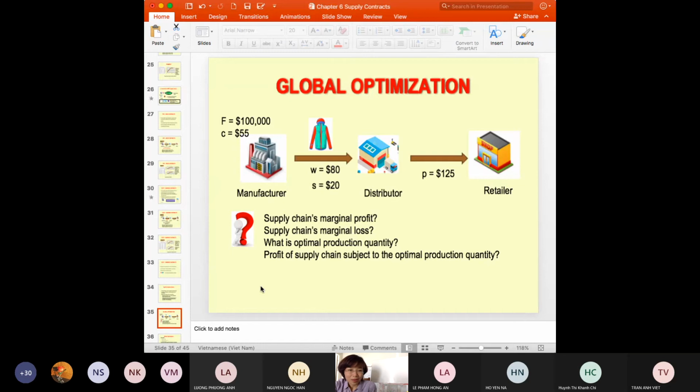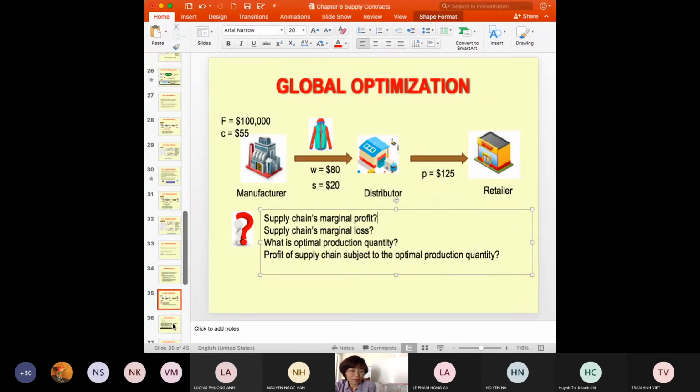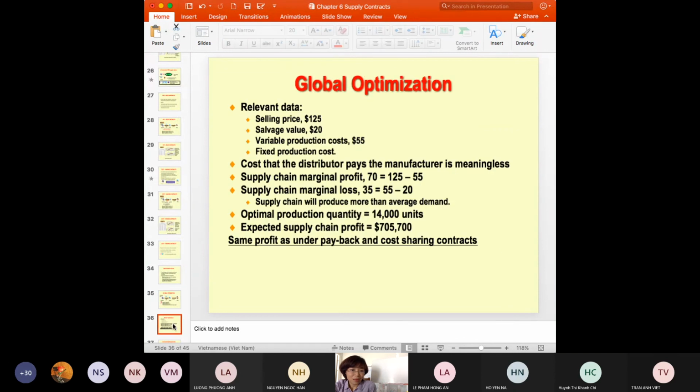Okay. The next is the global optimization for make to stock. With global optimization, we must calculate the profits and loss for the whole supply chain, the optimal production quantity, and the supply chain profits subject to the optimal production quantity, like in the previous example.